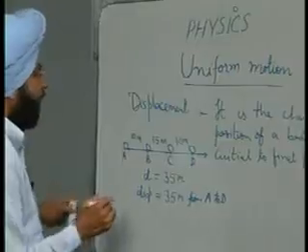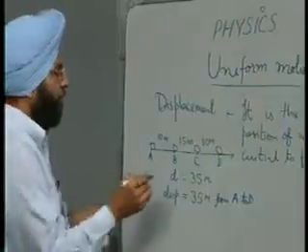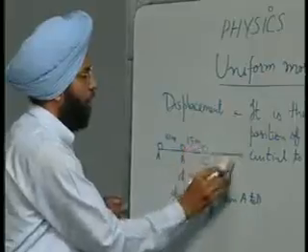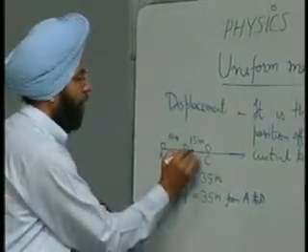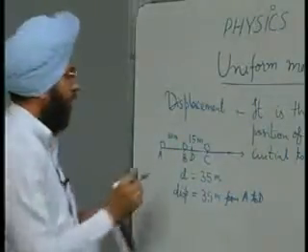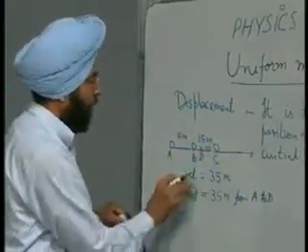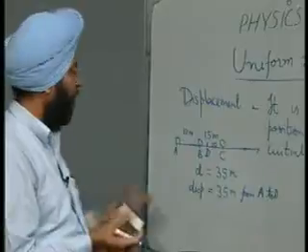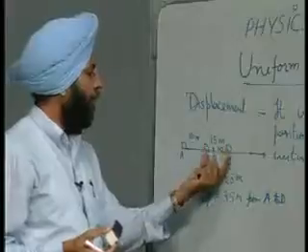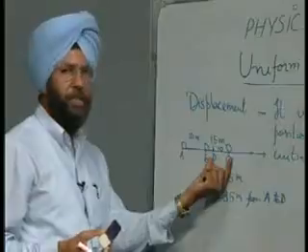In the second case, instead of moving towards D 10 meters, from C we move 10 meters backwards, D is here. Now, distance travelled is again 35 meters. AB is 10 meters, BC is 15 meters, CD is 10 meters.